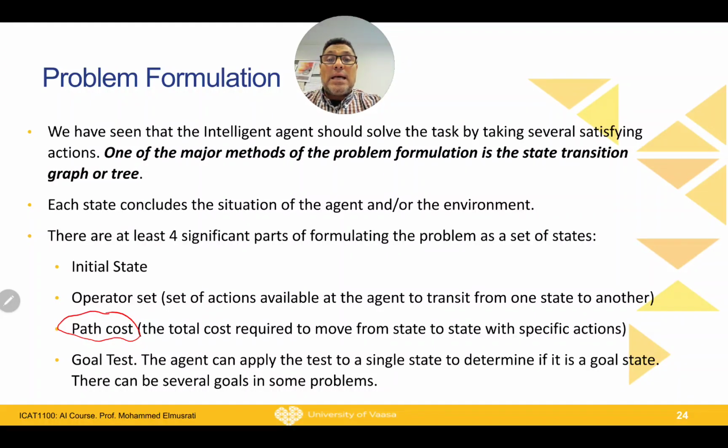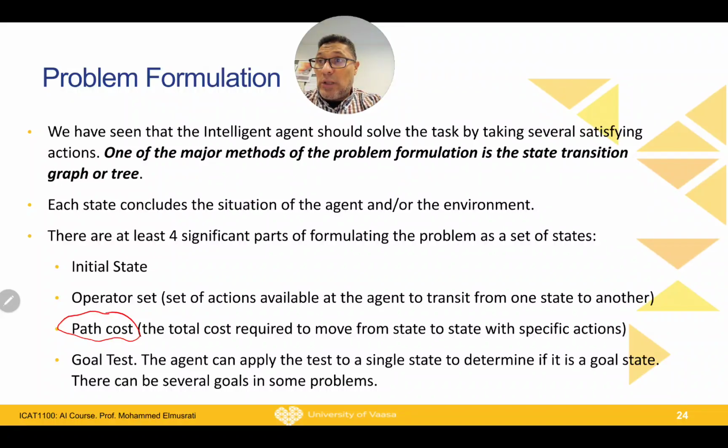It can be seen as money to pay to move from state to state. It can be seen as, for example, a risk factor that increases if you go from that state to that state.